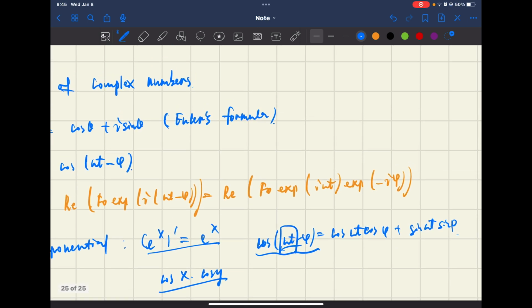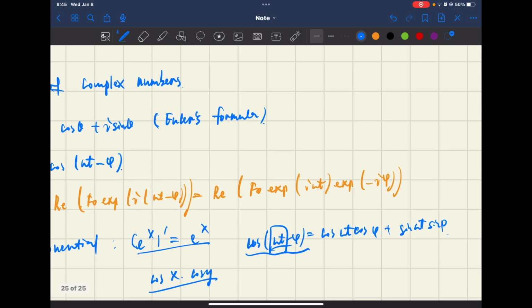However, if we want to isolate in exponential form, it will be just like e^(i omega t) times e^(-i phi). So we can break it apart simply by the multiplication rules of the exponential function. It's much simpler compared to the sinusoidal functions.